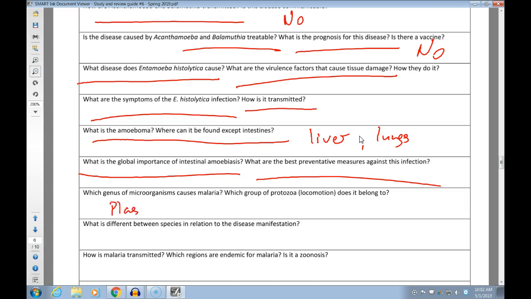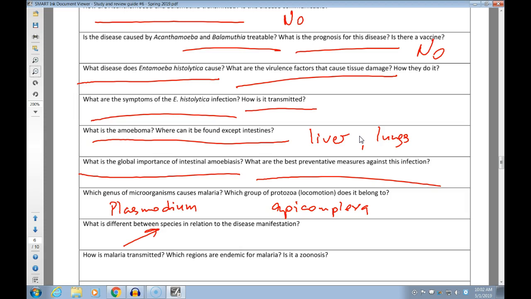Plasmodium. I'm not asking about individual species. Which group of protozoa? Apicomplexa. Different species have different frequency of bouts of chills and fever. Remember that.